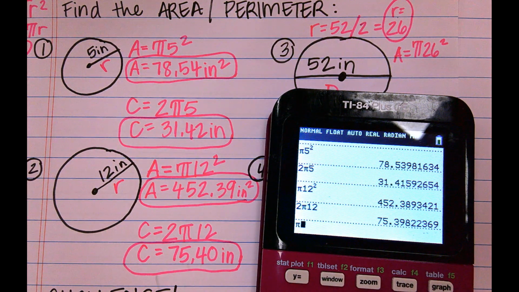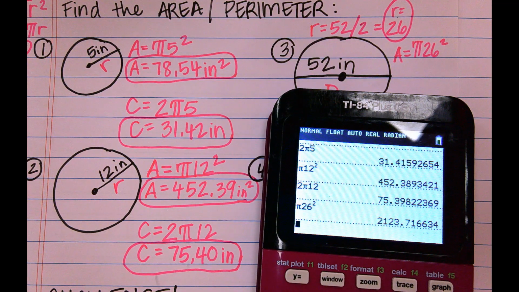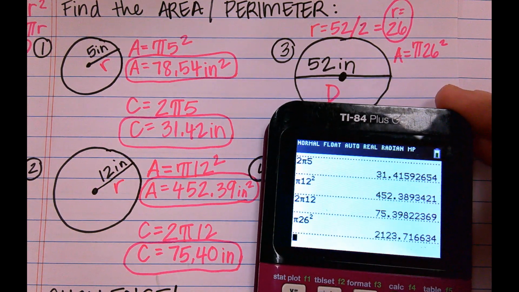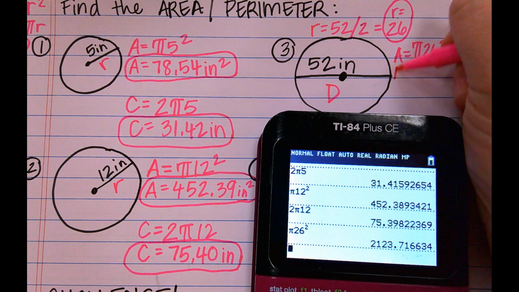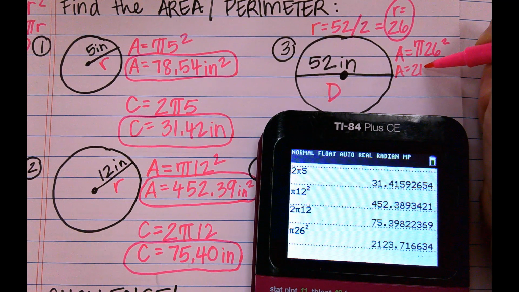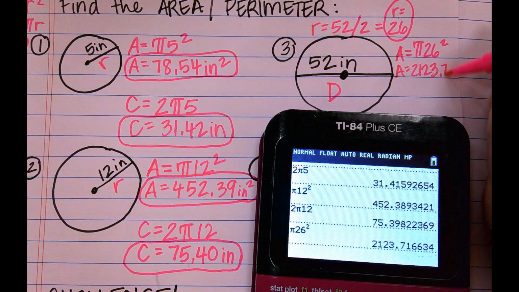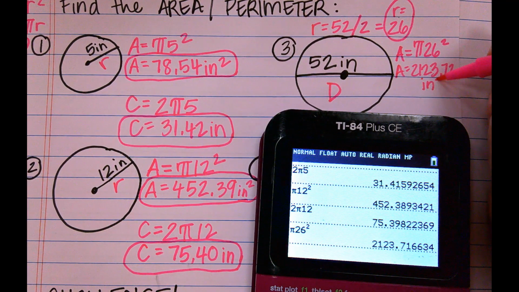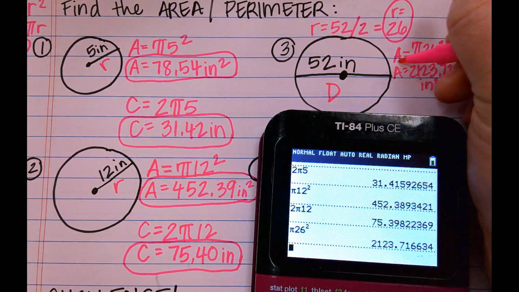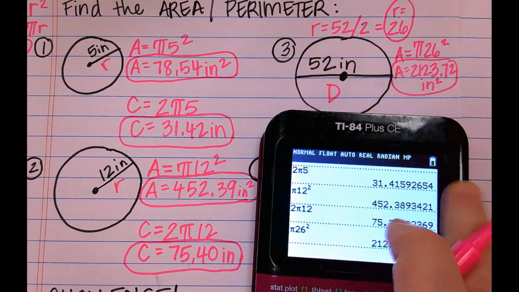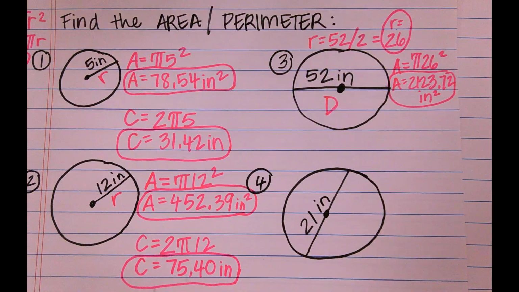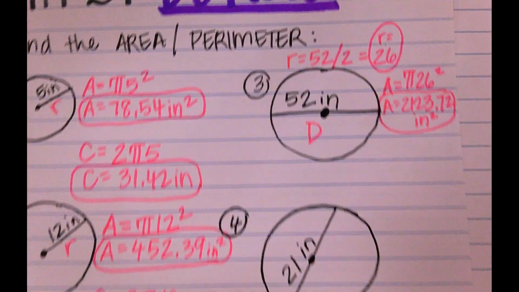So second, pi 26 squared. 2123.72, we'll round up. Inches squared. Now we have our area.